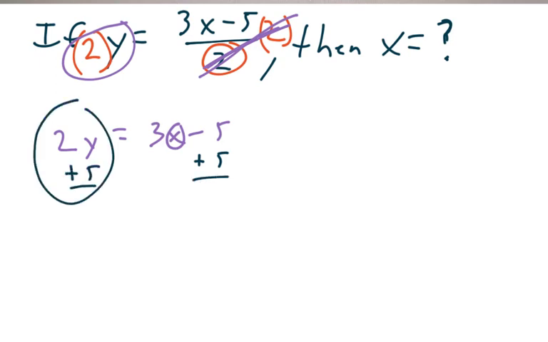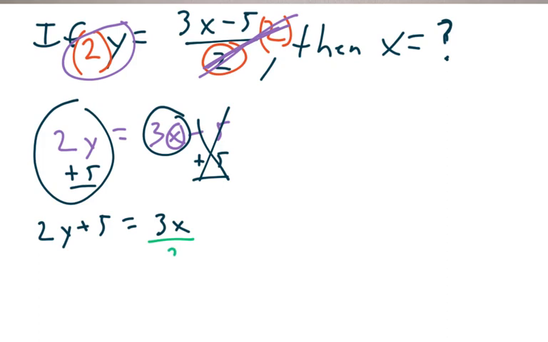So what do we have on the left? 2y plus 5 equals, with 5 minus 5, 0, notice the only thing left is 3x. What's my final step? All I need to do now is divide by 3, and x equals that answer there.